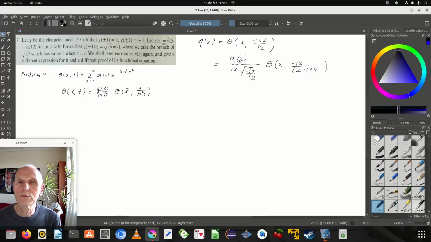To reduce this, we need to compute g of chi. And our psi, this is 30 degrees, so it's cosine, that's square root 3 halves, plus I sine, yeah, I halves.